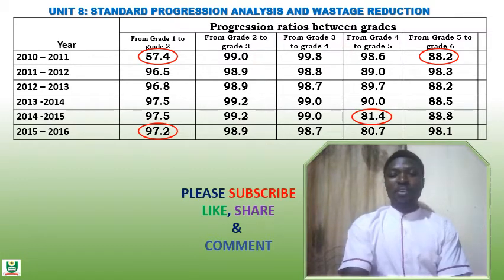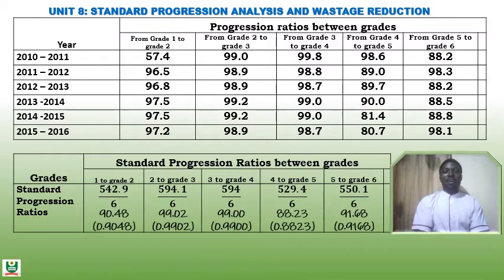All right, having done that, let's quickly see how we can calculate the standard progression ratio. It is quite easy. All we need to do is sum up all these columns from grade 1 to grade 2, for instance: 57.4 plus 96.5 plus 96.8 plus 97.5 plus 97.5 plus 97.2.